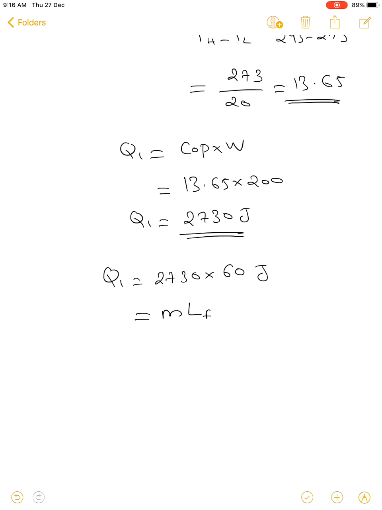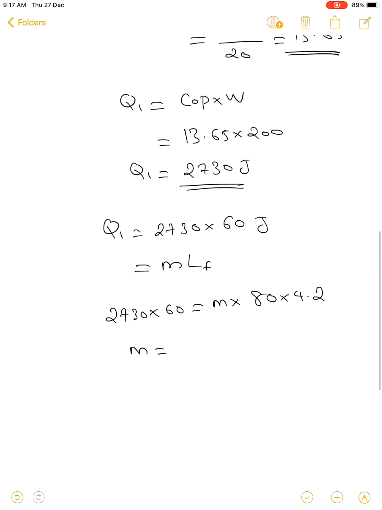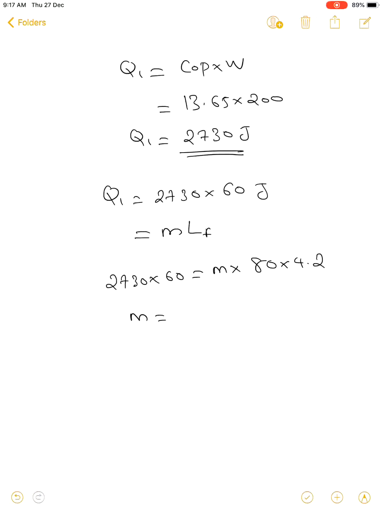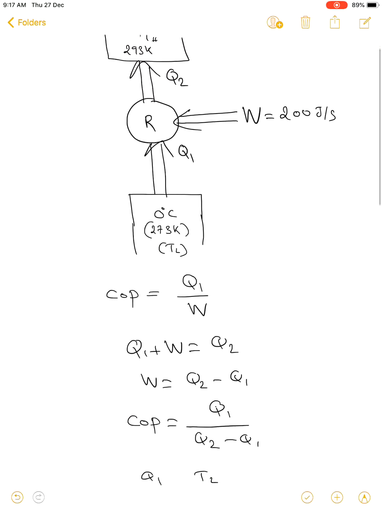So we can take it as 2730 into 60 is equal to m into latent heat, 80 calorie, that we can convert into 4.2 joules. So you can find out the value of its mass m, that will be equal to 2730 into 60 divided by 80 into 4.2. So you'll get the answer as around 487.5.